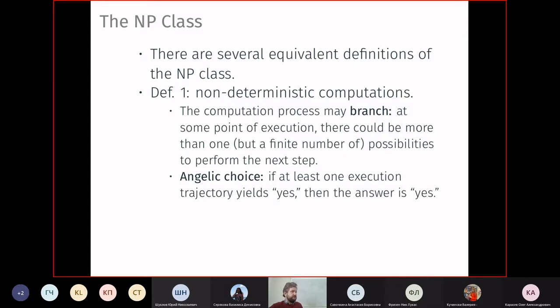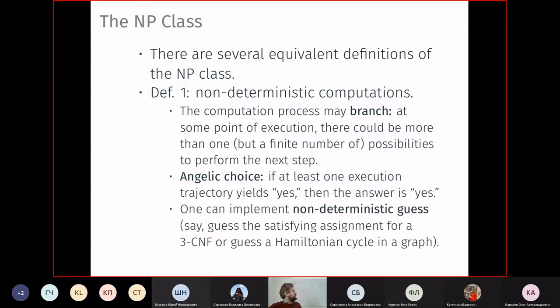This is co-NP. The standard examples include situations where we have to guess something, for example a satisfying assignment for a Boolean formula, say a 3CNF. When you don't know how to assign a value to a variable, you just rely on the angelic choice, which says that you should choose the right one.